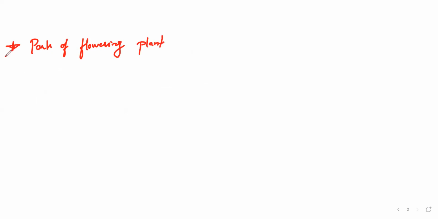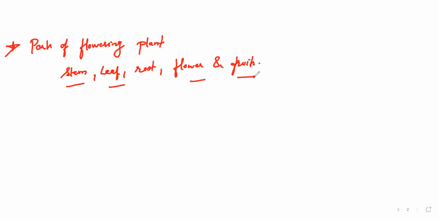So basically, if you see a plant, what are the basic parts it will be having? Stem, then leaf, root, flower, and fruit. Okay, so in this stem, leaf, flower, fruits, this all comes under the shoot system.